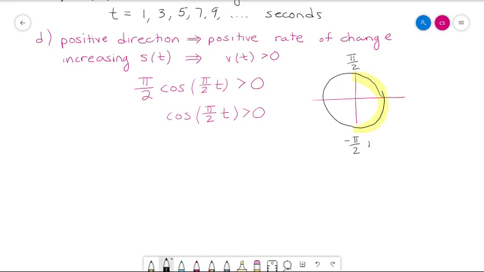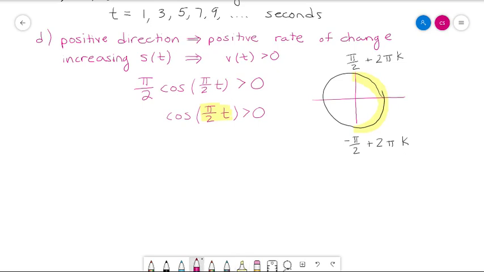So I'm going to add multiple rotations to those two numbers. So we're going to be adding 2 pi k. All right, but it's not just the angle. Well, it's the argument. This is what we want the argument of cosine to be. So now we have to consider that our argument over here is pi over 2 times t. So whatever this argument is right here, it's going to be ranging from this value to this value.